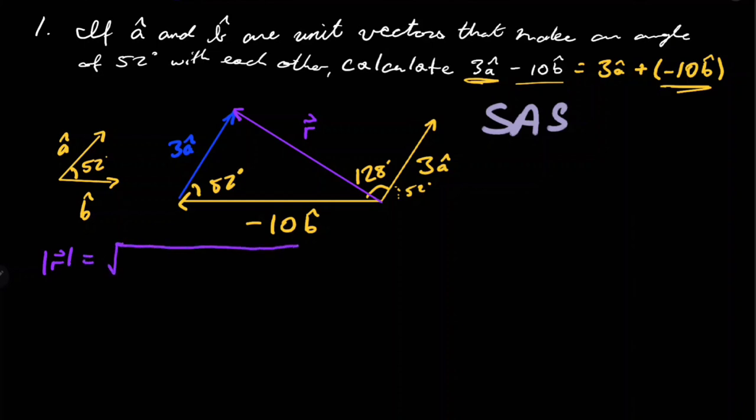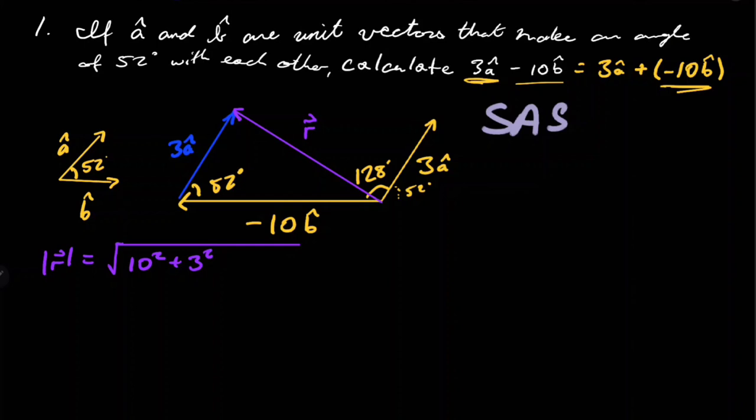of the magnitude of one side plus the magnitude of the other side minus 2 times, oh, oops, I forgot to say that these are squared. Actually, I'll start that over again. We have magnitude of one side squared plus the magnitude of the other vector squared.